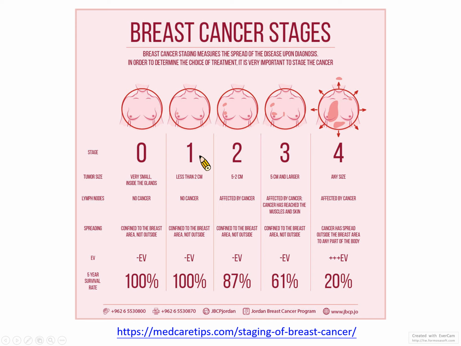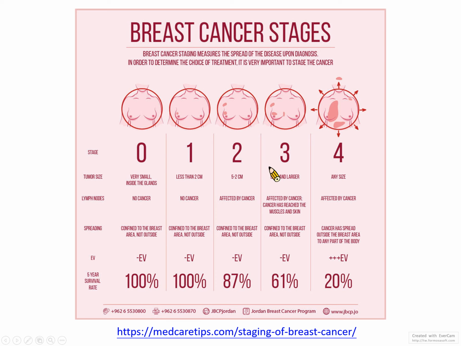In stage 1, the tumor is a little bit larger, but still less than 2 centimeters, and there's still no invasion into the lymph nodes. So in that case, the survival rate is still very high.